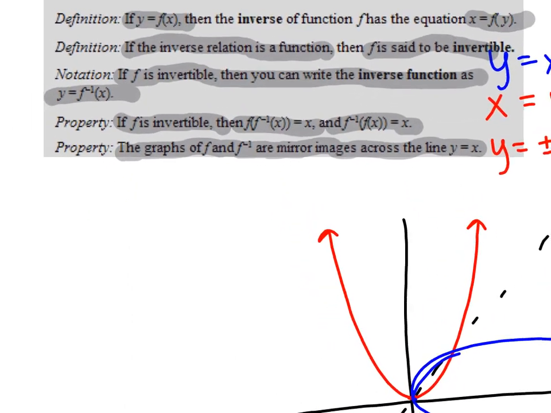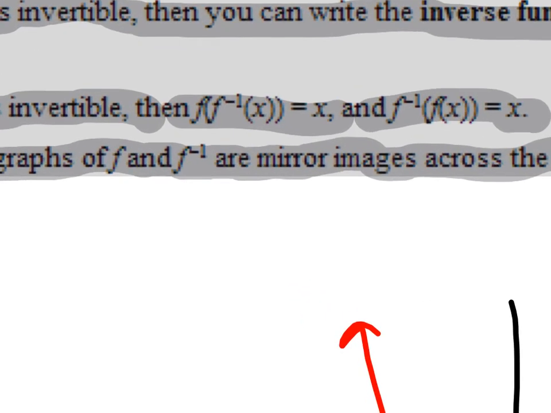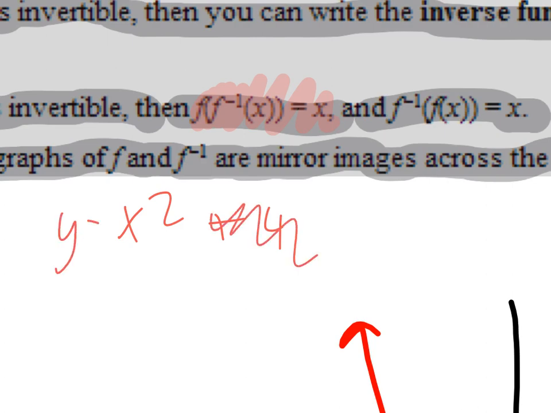Now, you know what this is, right? Let me show you. If you took a function, let's do something easy. I can't come up with anything easy. Okay, x squared. I'm not going to say x squared plus 4, because then you have to subtract 4 and then take a square root. But let's say y equals x squared.